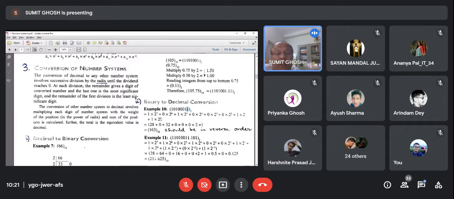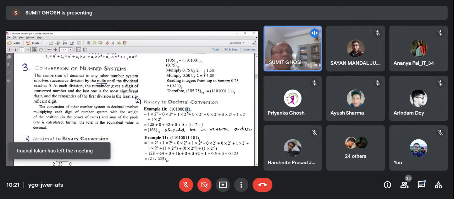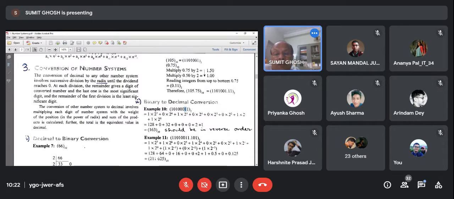This you multiply by 2 to the power of 0, because that is the weightage in the rightmost position. After that is 1, so this is 1 times 2 to the power of 1. After that is 0, so you write 0 times 2 to the power of 2. Then again 0, you write 0 times 2 to the power of 3. Like this you continue.